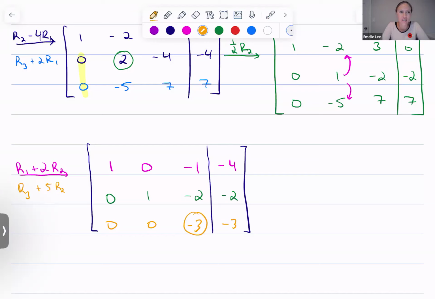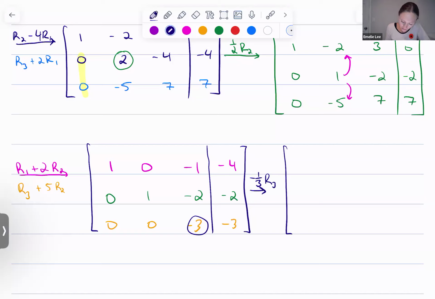I'll just use orange again. -3, I'm gonna have to turn it into a 1. You know what? Let's just use dark blue. -3, to turn it into a 1, I'm going to multiply by -1/3 times row 3.